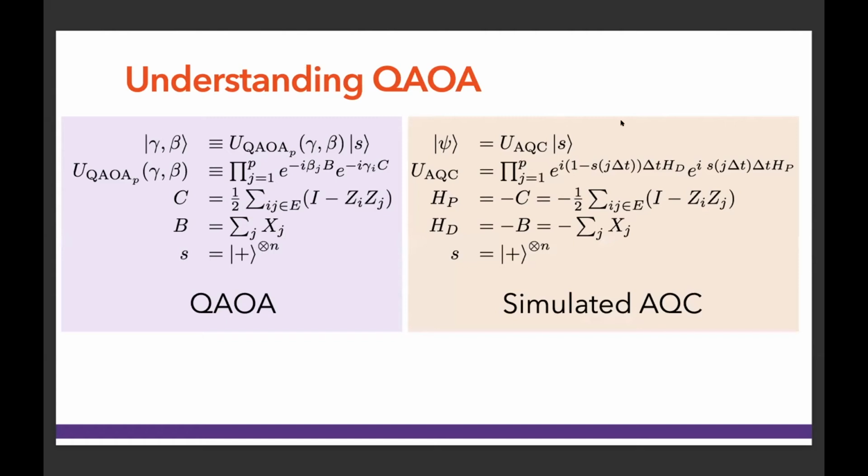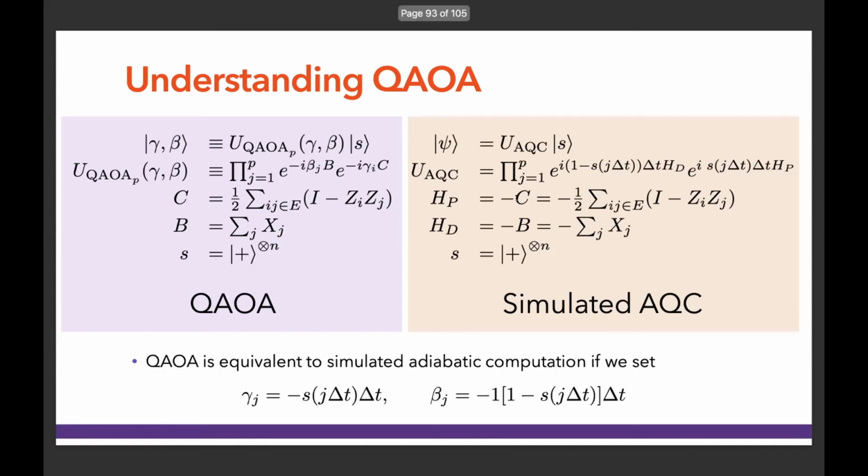Now, if you squint at this circuit, and I know there's a lot of squinting in this tutorial, but I appreciate it, if you squint at this operator, which implements our adiabatic evolution, you see that it's exactly like our QAOA circuit. The outer product is because we took these small time steps to make our time-dependent Hamiltonian constant in each time step.